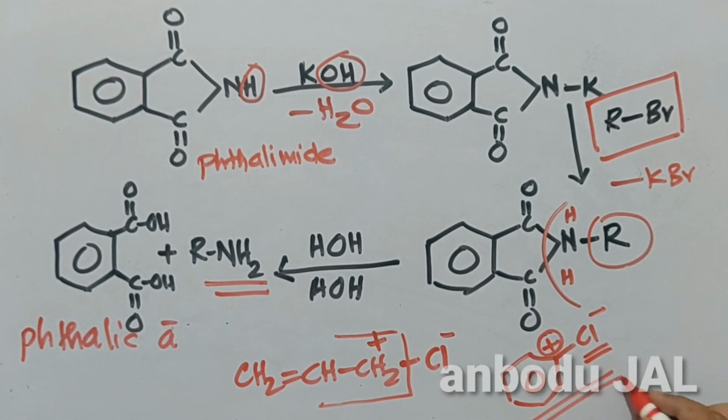So this will never take part in this reaction. That is why Gabriel phthalimide synthesis is used only for aliphatic primary amines, not for aromatic and not for secondary or tertiary amines.